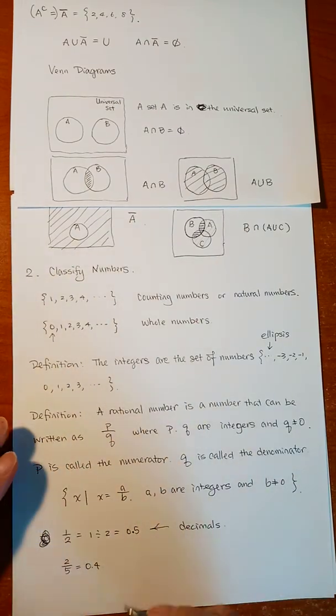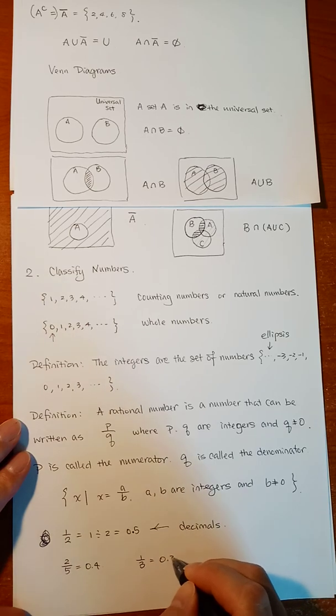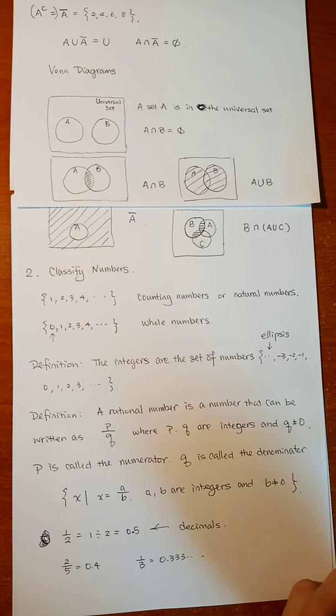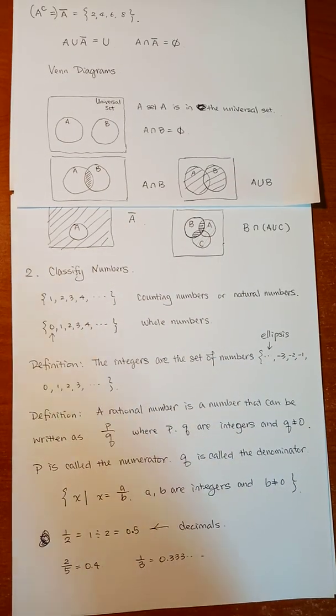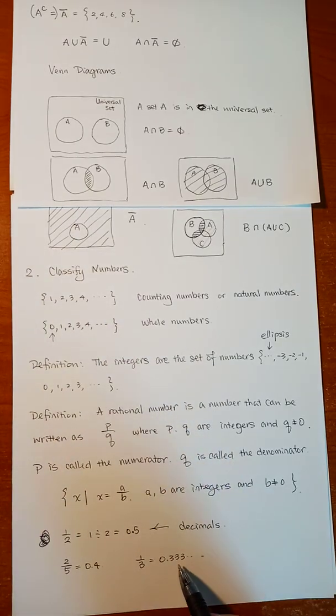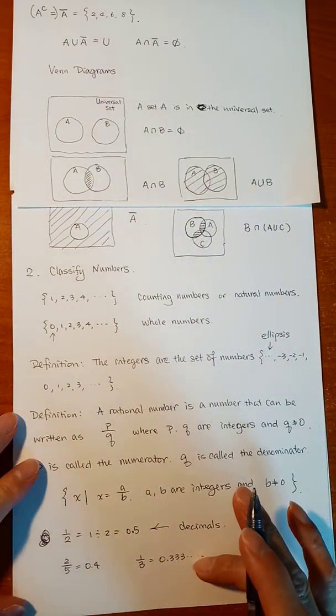And sometimes, if you are not lucky, it will be 0.3333 indefinitely, with repeated digits. All rational numbers can be written as decimals with a repeated part.